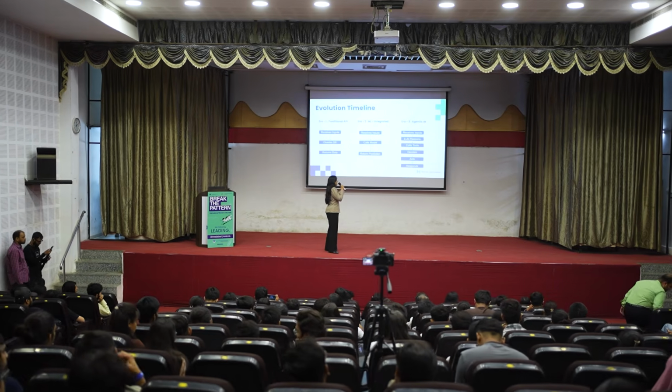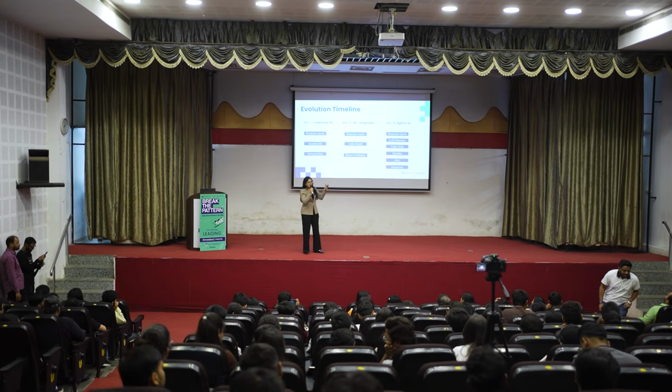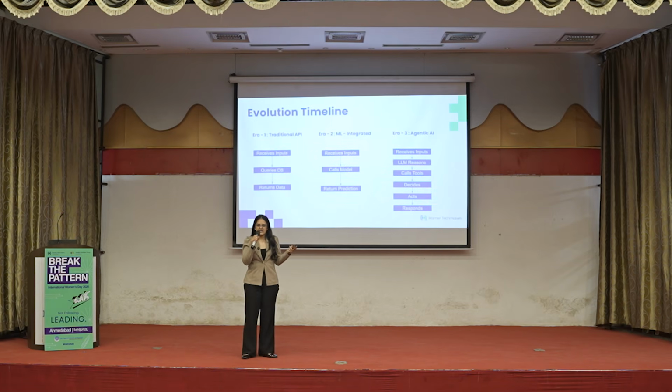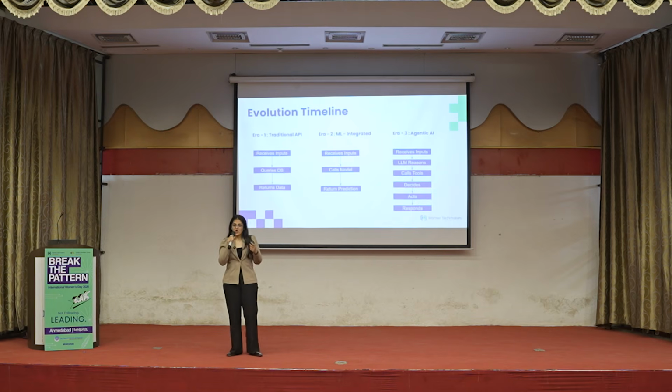So in this agentic AI system, what is happening is that when you send any request, it will receive that, then the LLM will reason over it, and it will call tools like APIs and RAG if needed, and then it decides what to do.